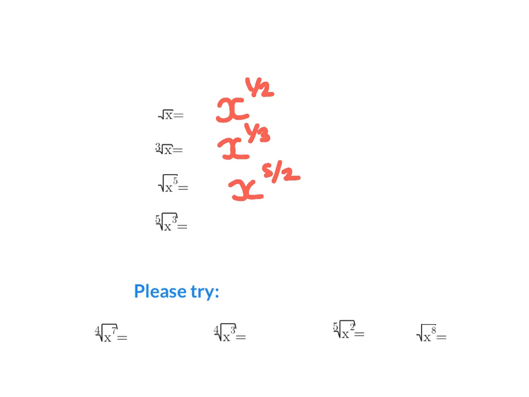Now the 2 there, the halves part, came from the fact that it was a square root, and the 5 was because it was to the power of 5. So x cubed to the 5th root is x to the power of 3/5. The denominator comes from the order of the root, and the numerator comes from the power.